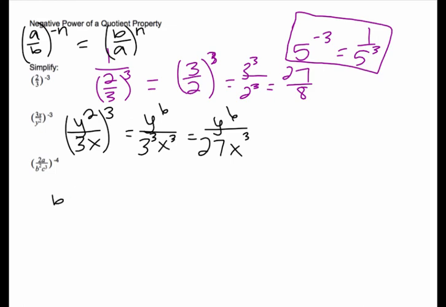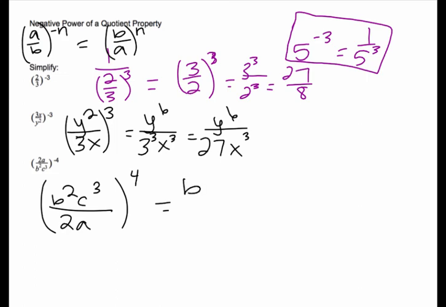Last one, b squared c cubed over 2a, all raised to the fourth power. Okay, I'm using the reciprocal and I'm raising it to the positive power. That is going to be, and I would try this on your own, I would pause it and see if you can do the right math here.